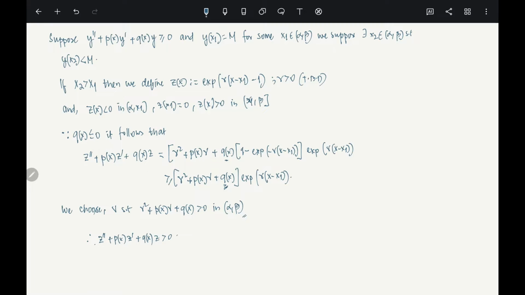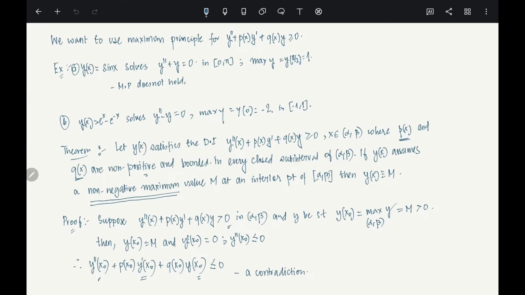Now what we do is, one second, I missed something. I don't think so, this is fine. So once this expression containing z is positive, we can use this particular thing.